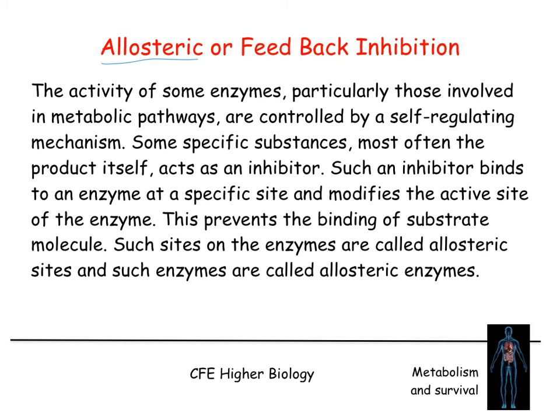And the inhibitor binds to the enzyme at a specific site and modifies the active site of the enzyme, and that prevents the binding of the substrate molecule. And the sites on the enzyme where this happens are called allosteric sites. And the general term for these type of enzymes is allosteric enzymes.